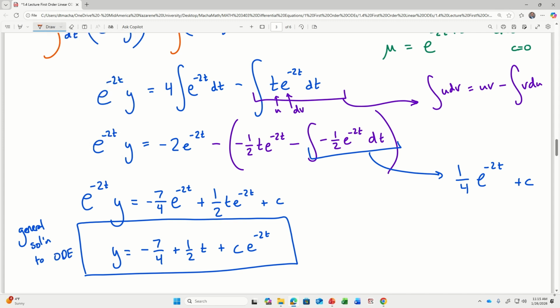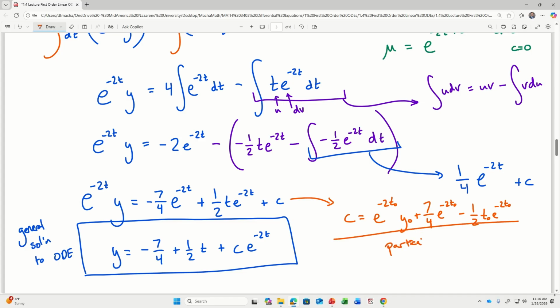And if I want to find the particular solution to my IVP, I need to find the value of c that makes all of this work, which is going to be e to the -2t0 times y0 plus 7/4 e to the -2t0 minus 1/2 t0 e to the -2t0. That would be the particular solution to the IVP, given some initial time and initial value.